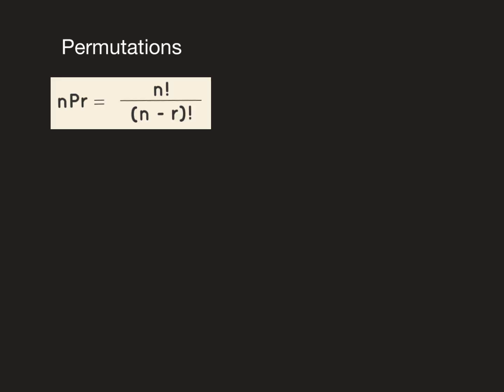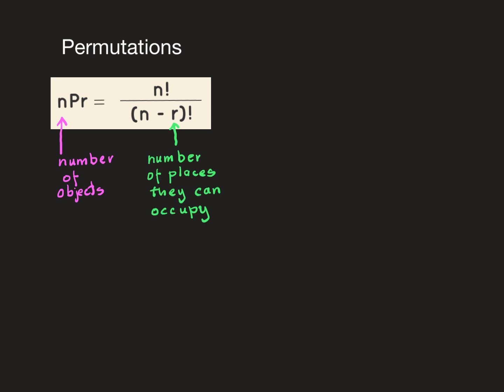Permutations can be calculated mathematically using this formula, where n is the number of objects, and in our case ladies, and r is the number of places that they can occupy. In our last case, n was 3. Then we write P for permutations, and the number of places was also 3.